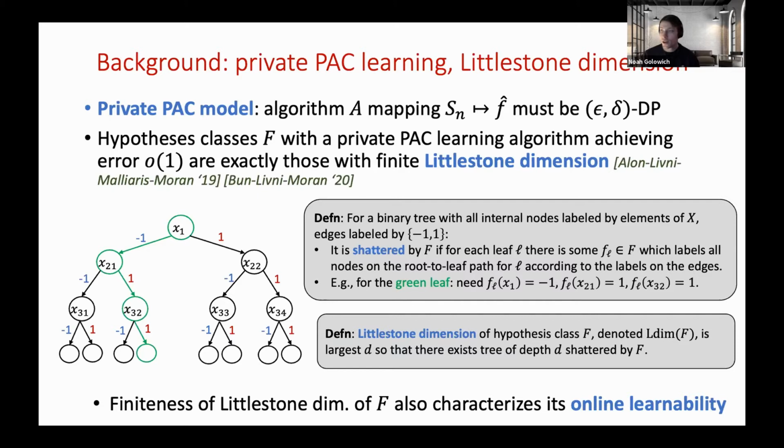And that's why I said earlier that private PAC learnability is equivalent to online learnability. But for the purposes of our paper, we actually won't make many explicit references to online learning. We'll view Littlestone dimension as a combinatorial parameter that allows us to manipulate a hypothesis class in certain ways. So you don't really need to know anything about online learning to understand anything in this talk.